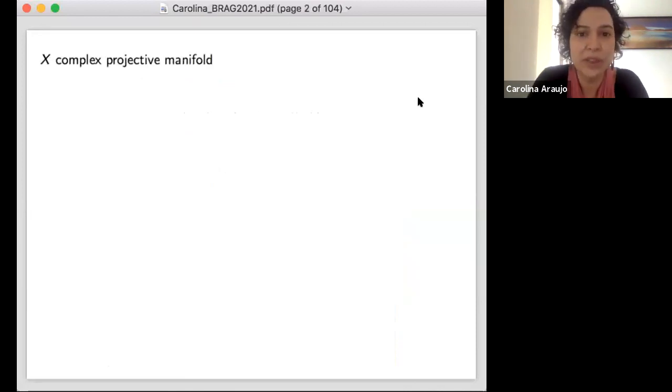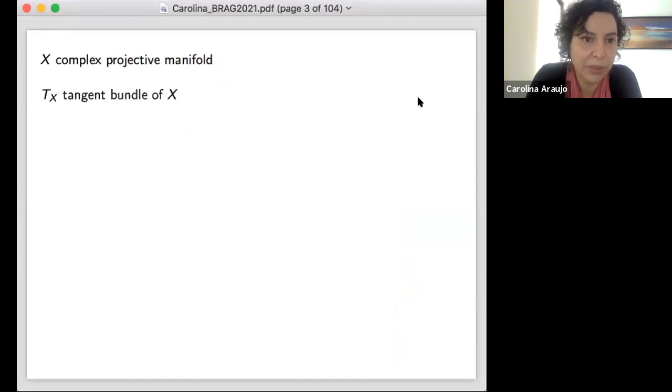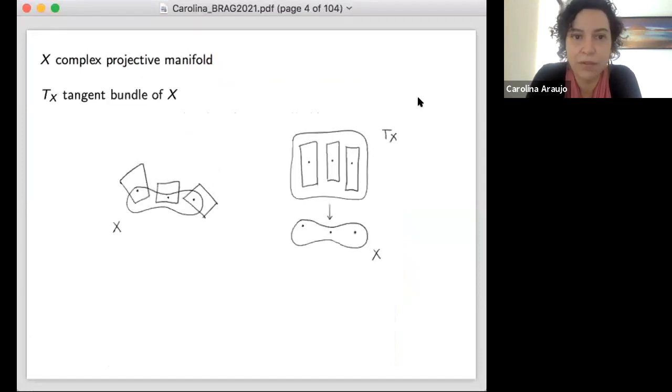So let me start with the general setup. Usually we are going to be concerned with complex projective manifolds. And the Fano condition is a positivity condition on the tangent bundle. Let me recall that the tangent bundle of X is a vector bundle defined on X. We assemble all the different tangent spaces at X in a bundle.